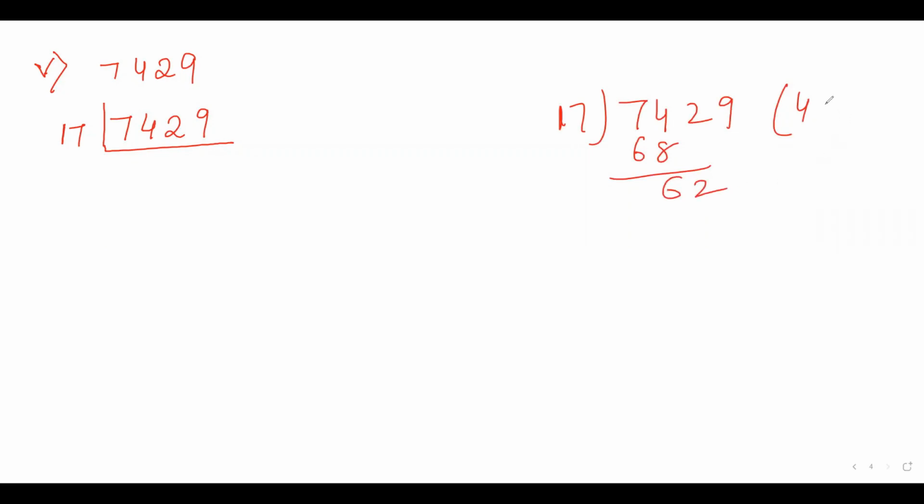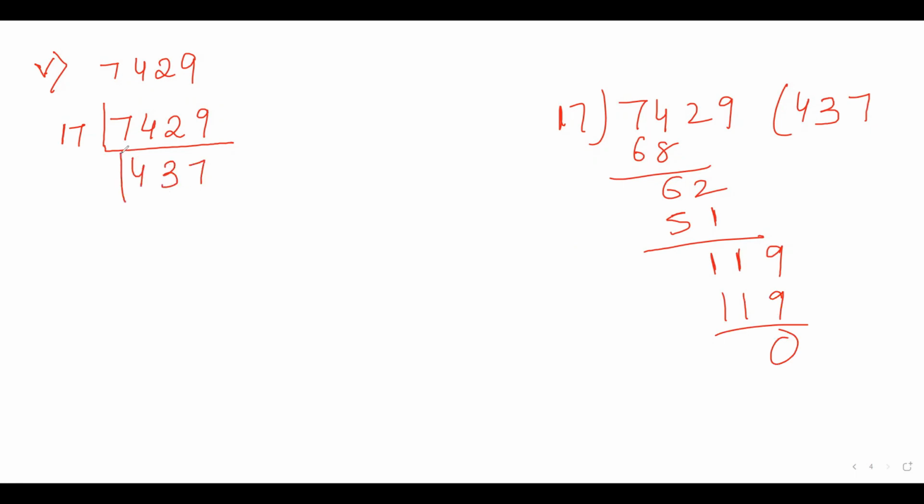Now 17 threes are how much? 51. How much is the remainder? 17 sevens are 119. So 17 is going in 437.